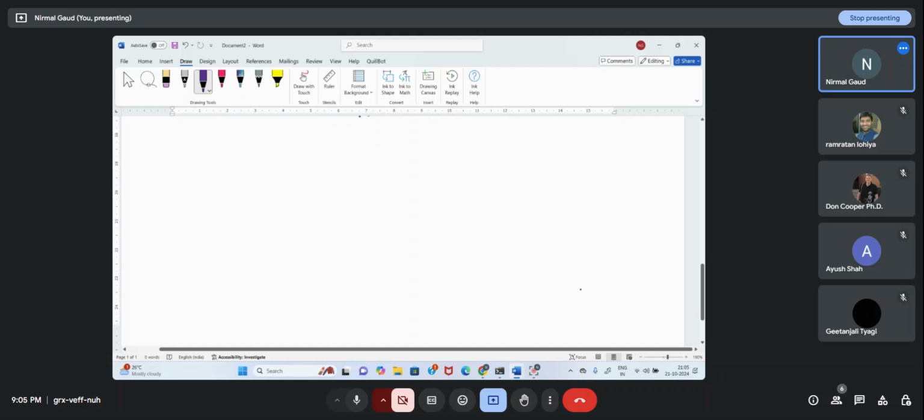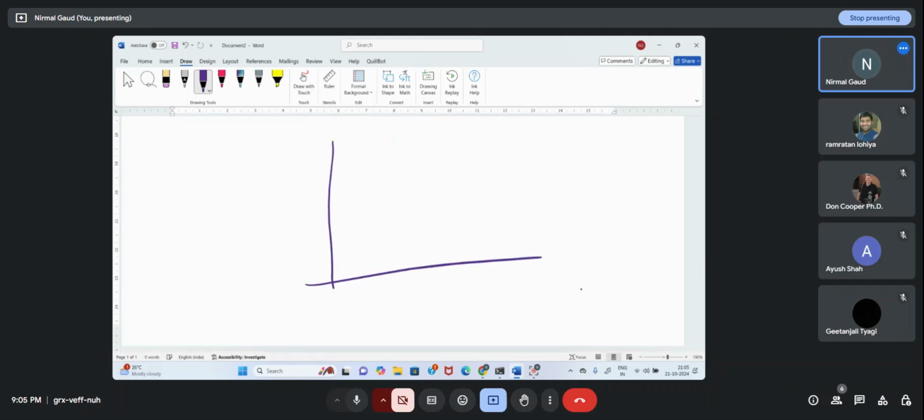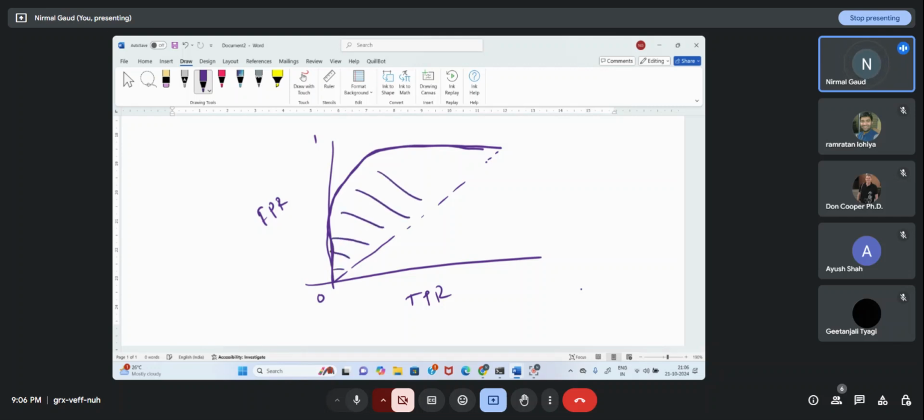In general, TPR and FPR make a curve something like this. Let us consider from 0 to 1. This is the area under the curve, AUC.